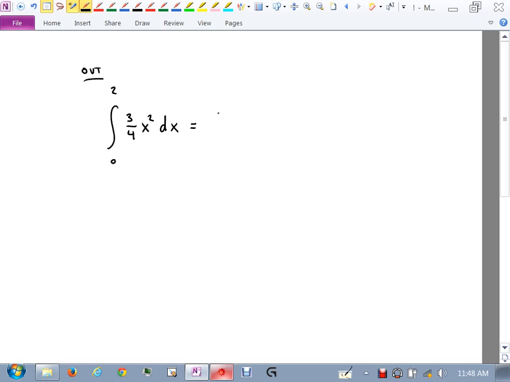So this is going to turn into 1/4 x cubed, evaluated 0 to 2, which is what? 2. That was just to get you used to the setup, doing the inner, middle, outer.